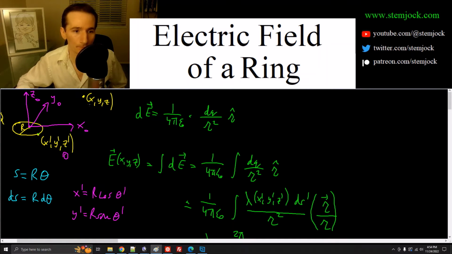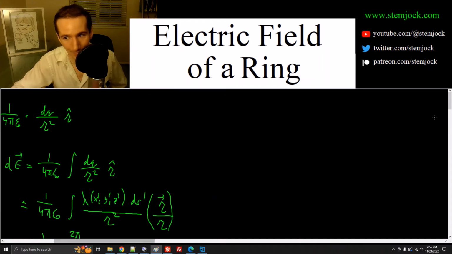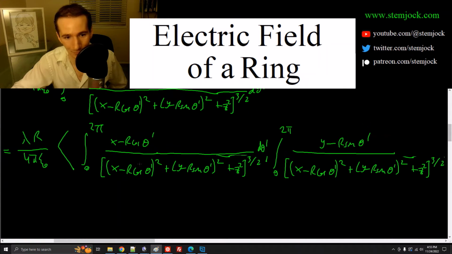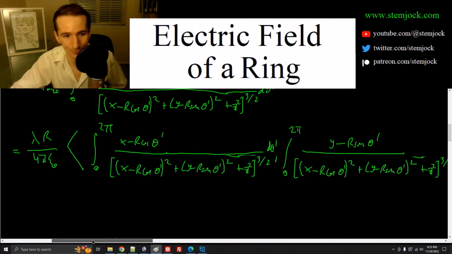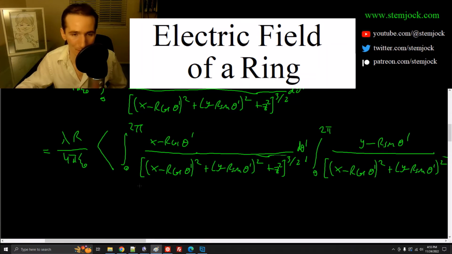So rather than finding the electric field at a general point x, y, z, we just want the electric field at a point on the axis of symmetry. So in that case, x becomes 0, y becomes 0, and z just remains as z. So with that, these integrals simplify considerably so that you can solve it using the methods from calculus.